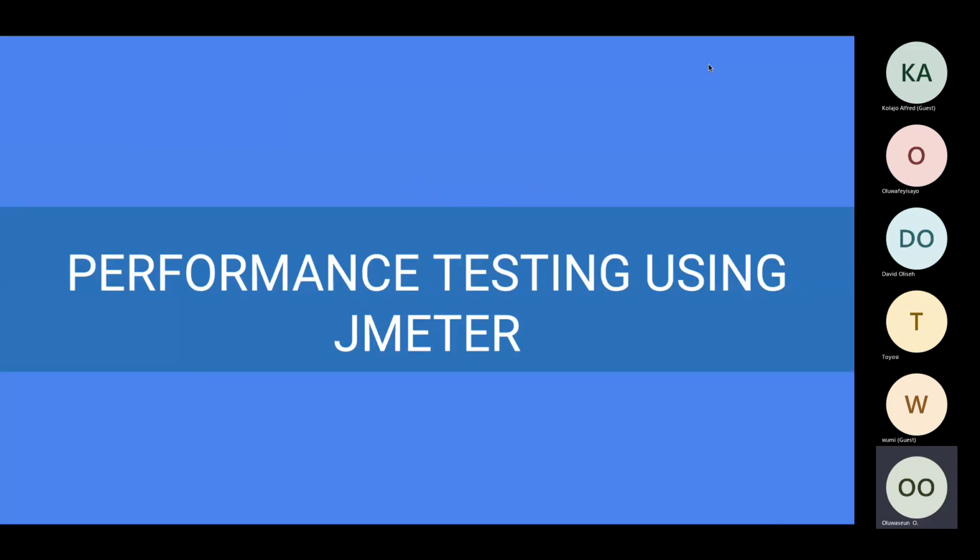Today we'll be looking at performance testing using JMeter. I remember in our previous class, I think that was in January, we talked about performance testing, and I said it was a non-functional testing. It deals with the non-functional part of the application itself.